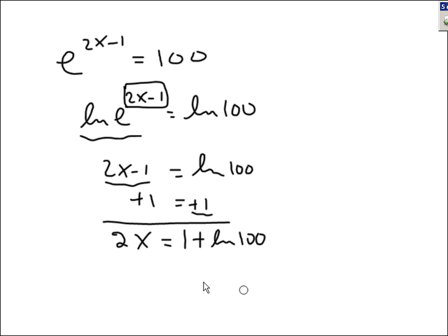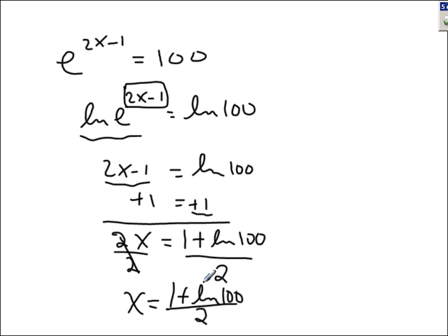And now if you have two x's and you want to just know x, you divide by 2. And there's the answer. x is equal to exactly (1 plus ln of 100) over 2. And we can check. I'll show you that that's exactly the right answer.